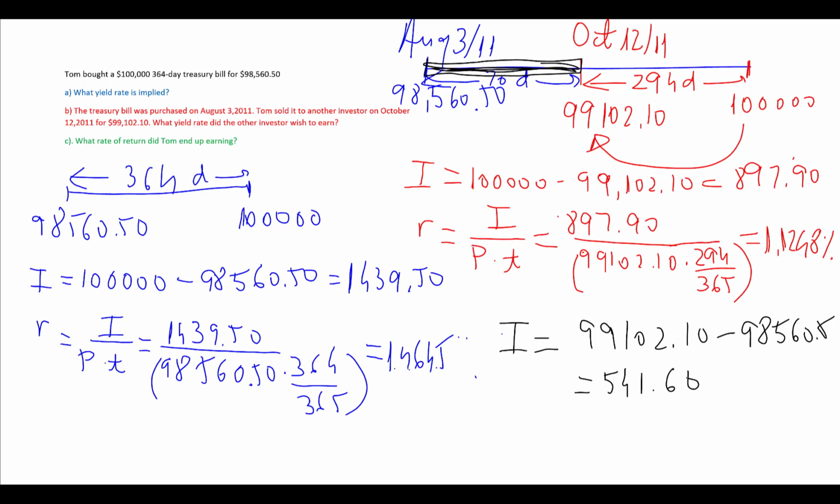And his rate of return will be $541.60 divided by the purchase price, $98,560.50, and he had this Treasury bill for 70 days.